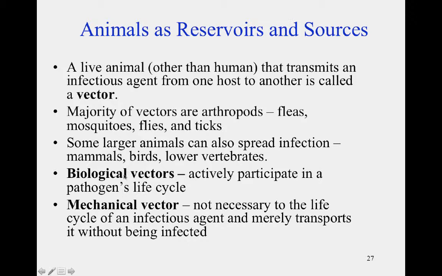So for example, in the case of malaria, malaria is transmitted via a biological vector, the mosquito. The mosquito will actually contract that particular pathogen. It's a protozoan. It's called Plasmodium vivax.